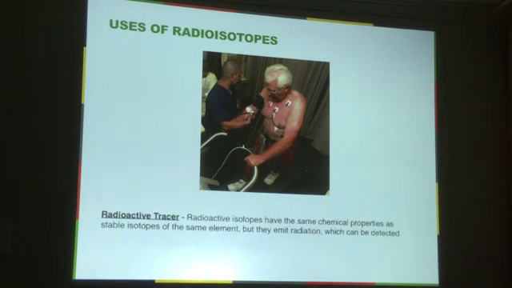Now, radioactive isotopes have the same chemical properties as their stable counterparts. In other words, radioactive iodine has the same chemical properties as non-radioactive iodine, and radioactive glucose has the same chemical properties as non-radioactive glucose.